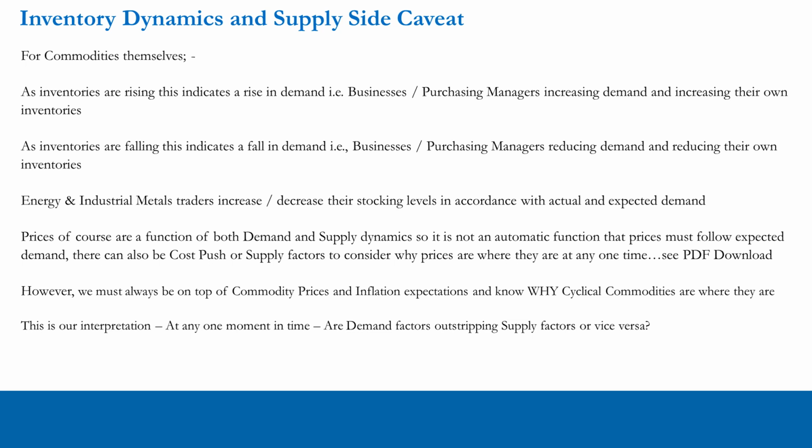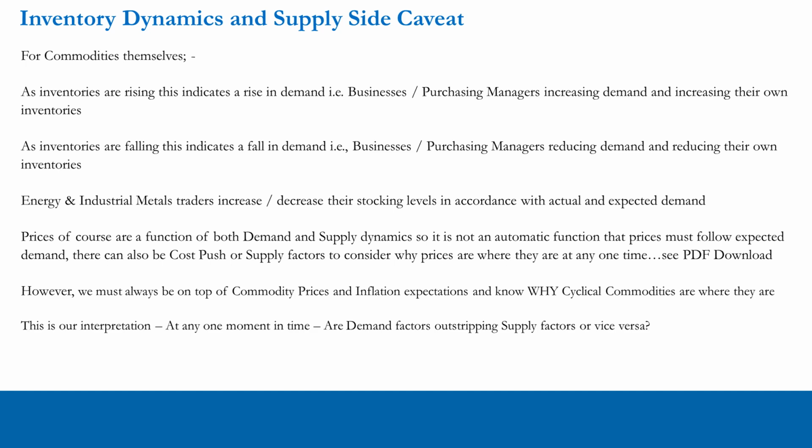And we know that's a bullish indication. On the flip side, if inventories are falling, this indicates a fall in demand. So business and purchasing managers are reducing their demand and reducing their own inventories. And they're consciously doing this for both cases.